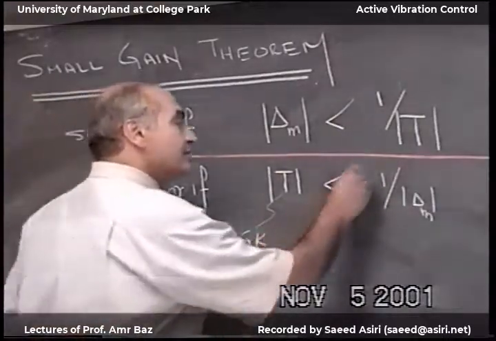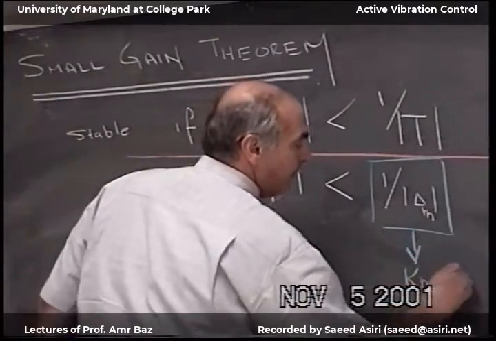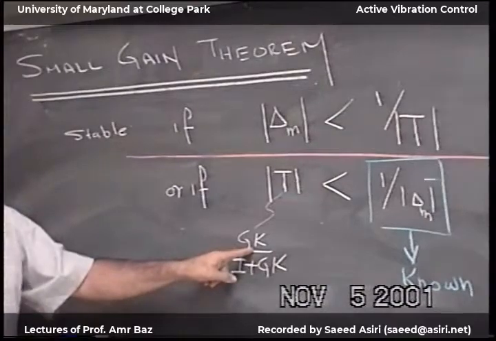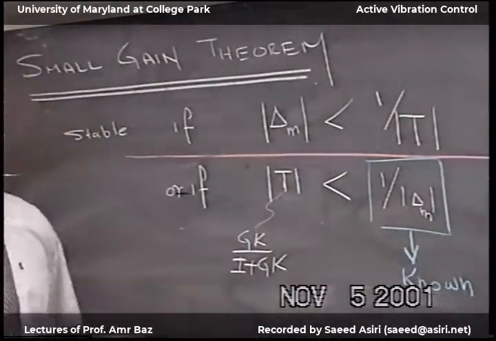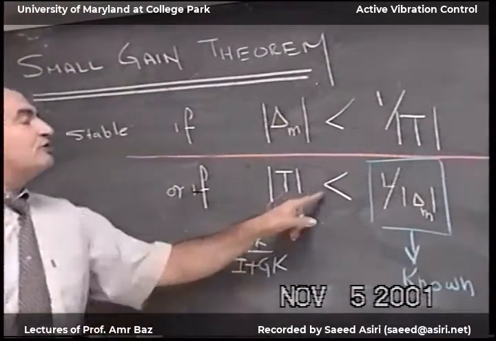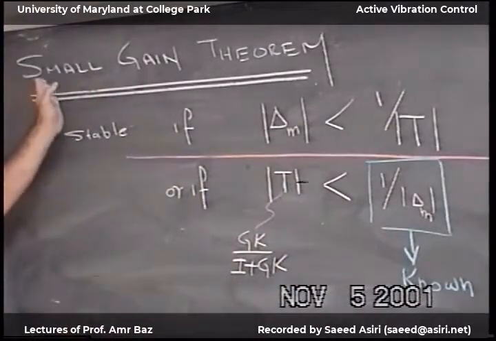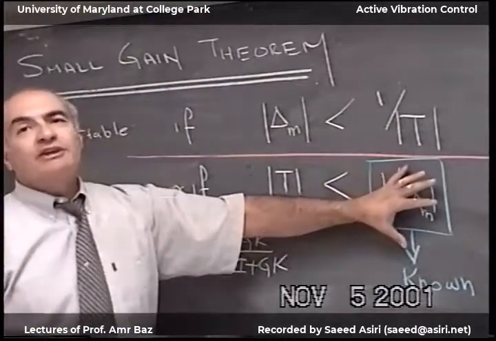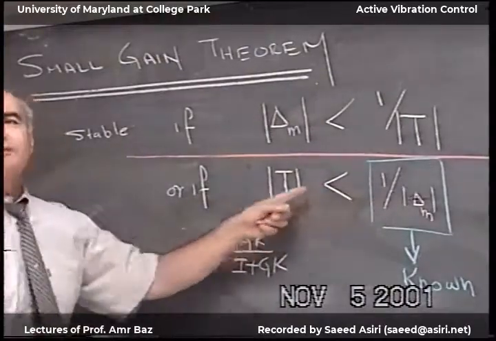So if this is known, then I want to select the gain such that the T is less than this bound. So by looking at this equation, I want to select the gain to be smaller than a certain number, and that's where the name came from. Small gain theory. I want to reduce the gain as much as I can to accommodate this parameter uncertainty of the model. This is one way of describing it.